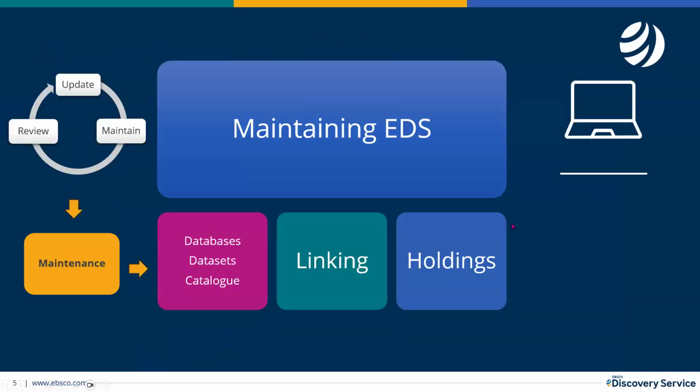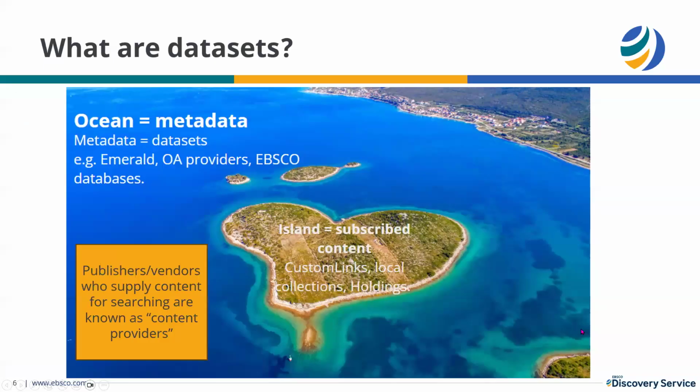Okay, so our session today is maintaining EDS, and we are focusing on enabling our databases, our datasets, and our catalog records, our searchable metadata. I wanted to touch a little bit here on datasets. With datasets, I like to think of this as the C. All of this C here is our datasets.